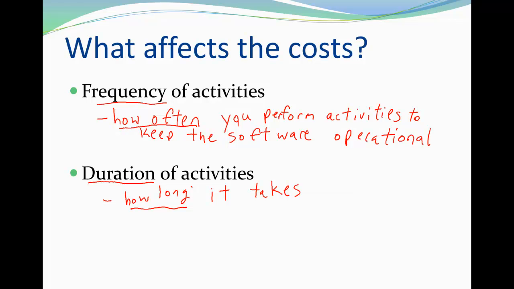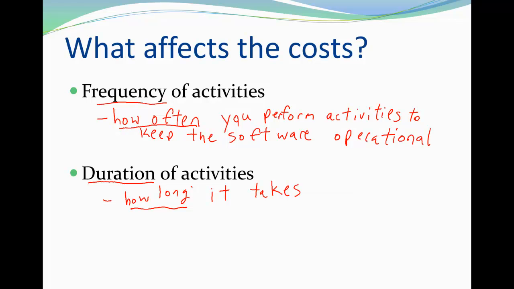Or you can think of how often you have to manually go out and clear out a database, or clean up some data, or swap out a disk to increase the disk space. Those are examples of frequency.